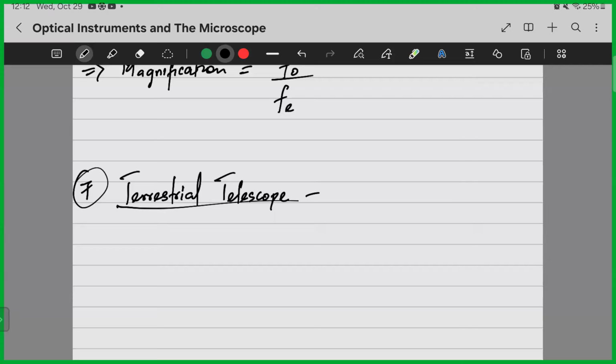So there is still an additional middle lens, and that lens is called the inverting lens. Okay, let's talk about it in your write-up.